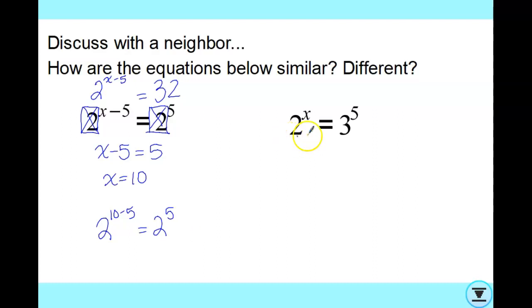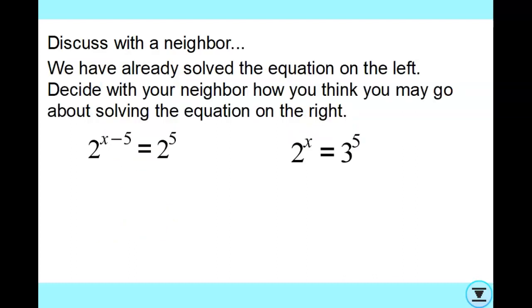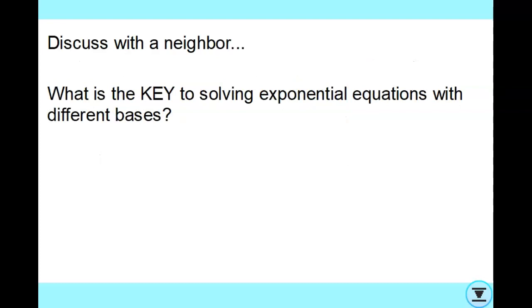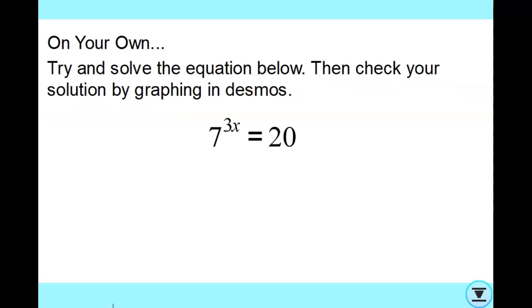But what happens when I can't rewrite them as powers of the same base? I can't rewrite 3 as 2 to the power of something. It's just not possible. So here's what we're going to do. We know that solving exponential equations with different bases, we need to use the inverse operation. So the inverse of exponential functions are logarithms.